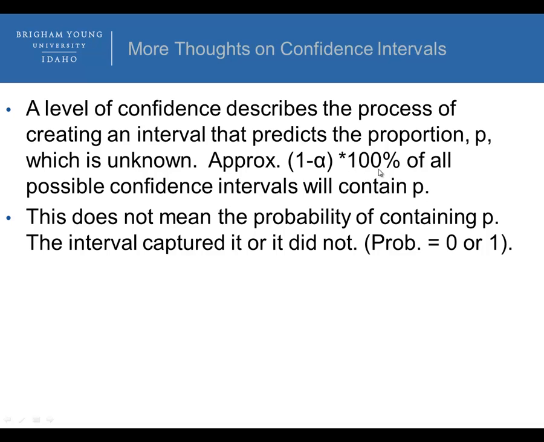So approximately 95% of all of those 95% confidence intervals will contain p. This does not mean the probability, or the chance, of containing p. The interval either captured it or did not. So the probability of capturing the true population proportion p is either 0 or 1.